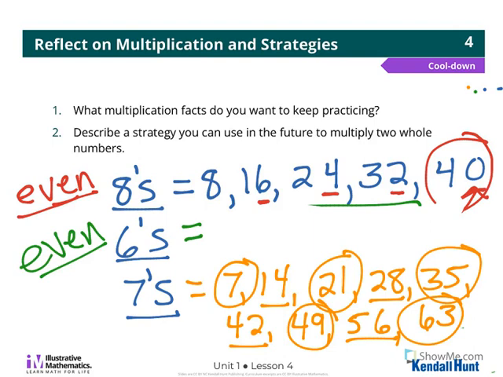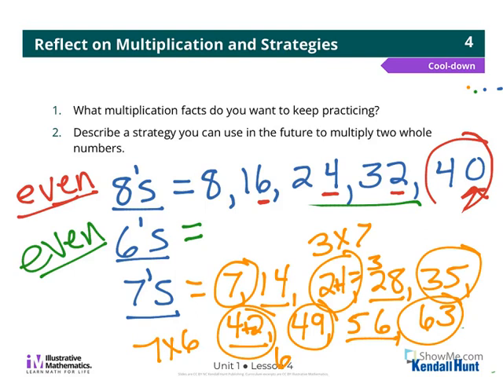7 times 3 is 21. Well, if I add the digits, 2 plus 1 is 3. So maybe that's kind of a little trick. I don't think it works for any of the other ones. Oh, maybe. 7 times 6 is 42, and 4 plus 2 is 6.